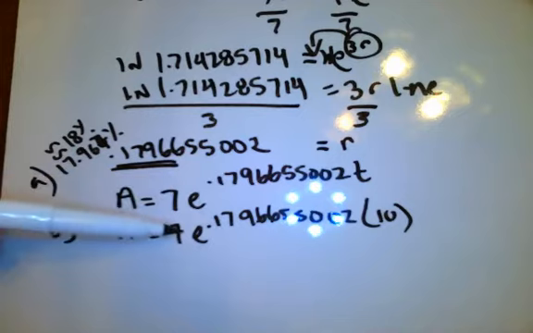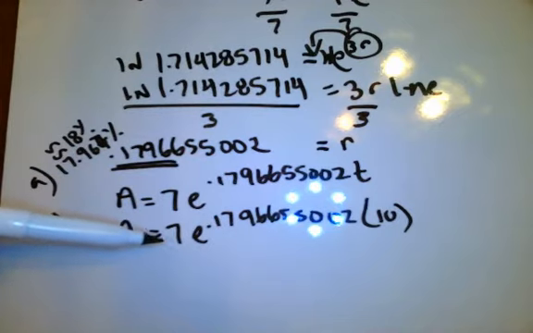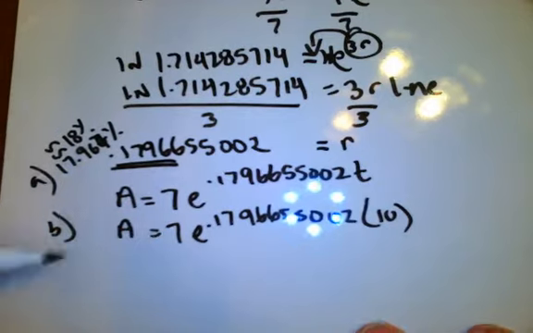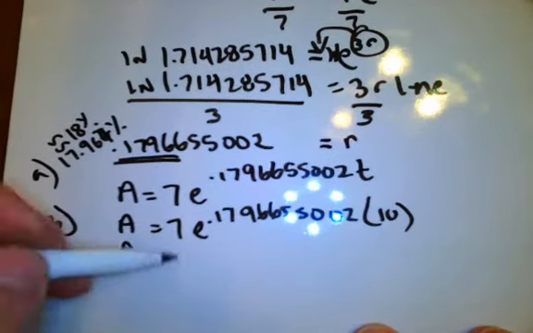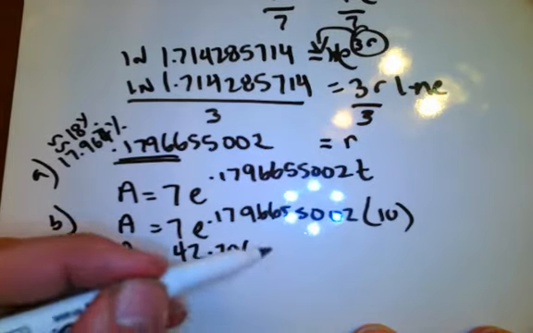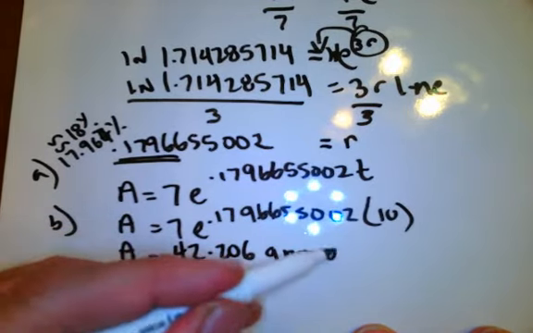And then I'll ask my calculator to help with that. I'll multiply the rate by 10. I'll do e raised to that power. And I'll multiply that result by 7. And I get that A equals 42.206 gnomes.